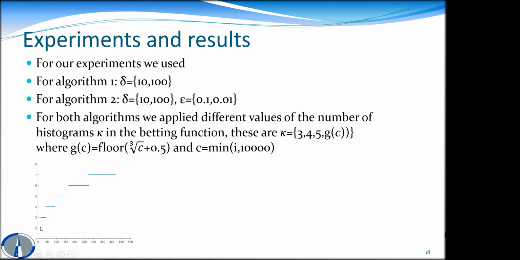When we have up to about 20 observations, we take two bins. When we have about 20 to 50, we take about 3 bins, and when we have about 50 to 100, we take 4 bins, and this has a maximum value of 22.